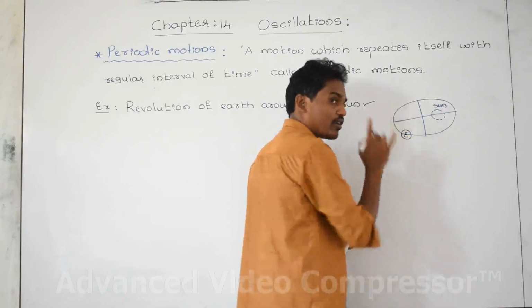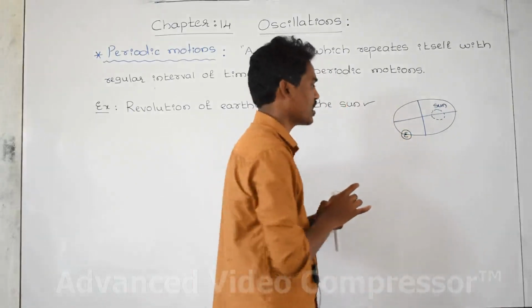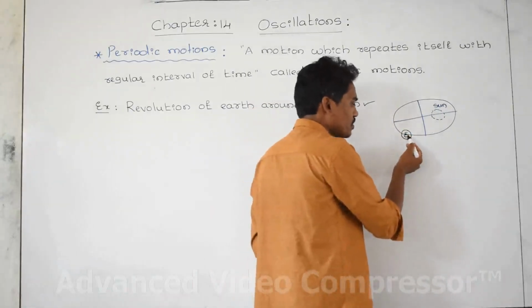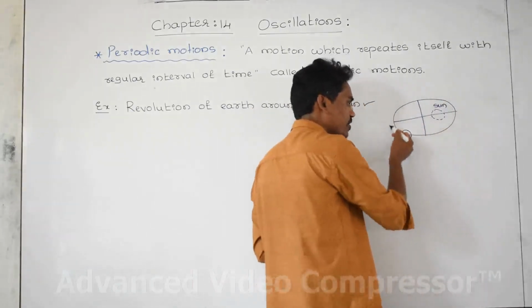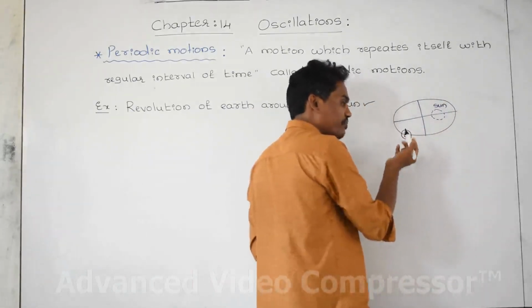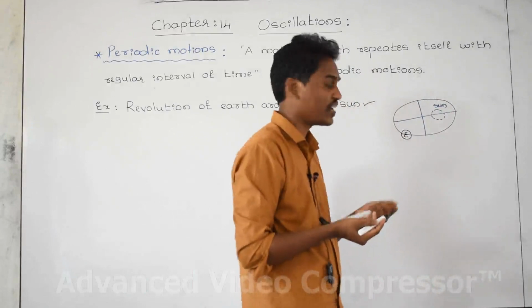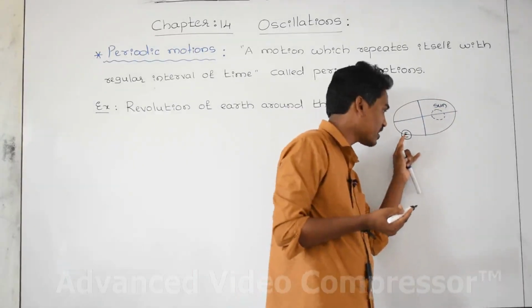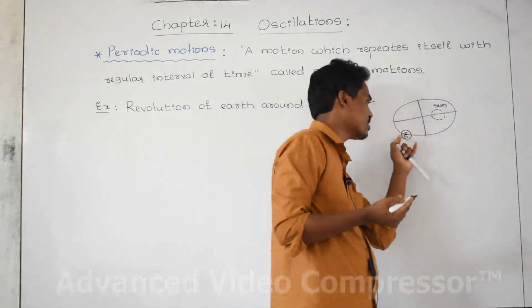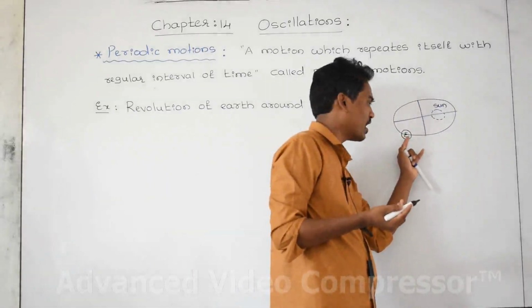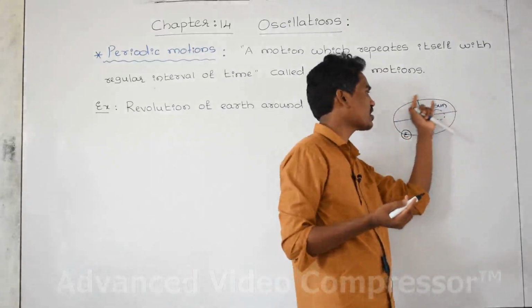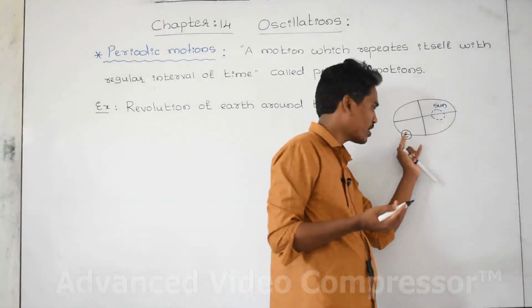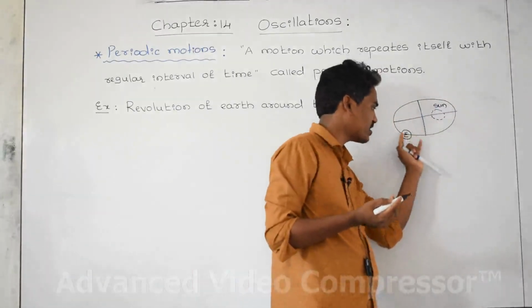In order to complete one journey or revolution, it takes 365 days. Again, for the second journey it is repeating itself. For the second revolution it takes 365 days. For the third revolution it takes the same time, and for the fourth revolution also 365 days.